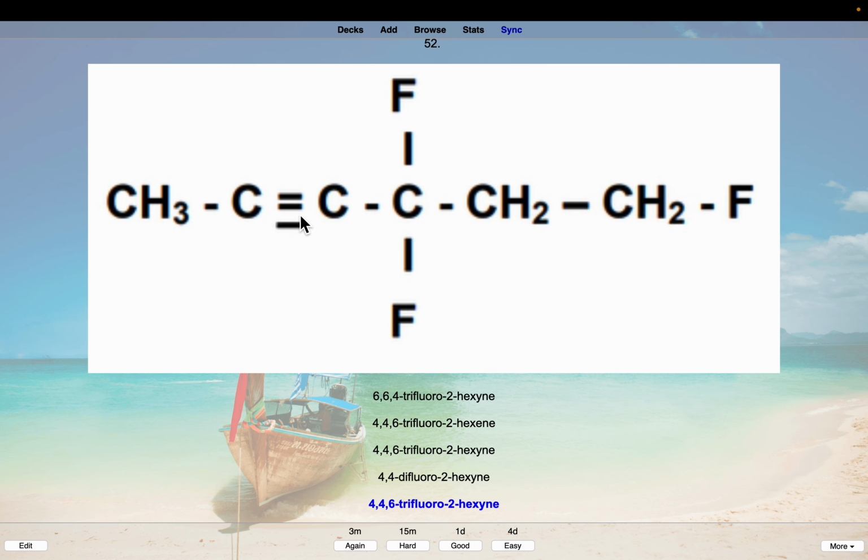Actually, not a double bond, a triple bond. You can see there are 3 dashes. This one is together with the equal sign here, so it constitutes a triple bond. That's why the suffix is "yne," not "ene."